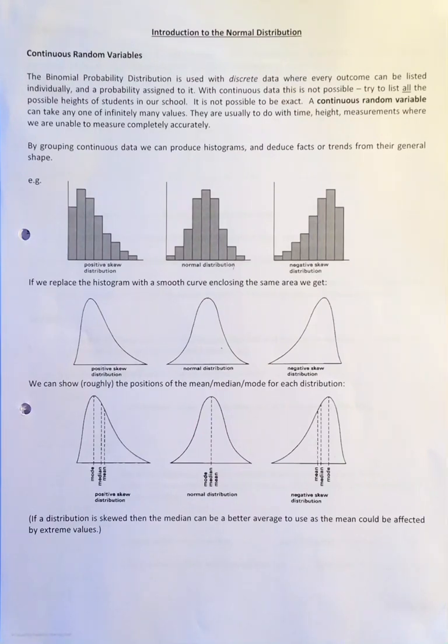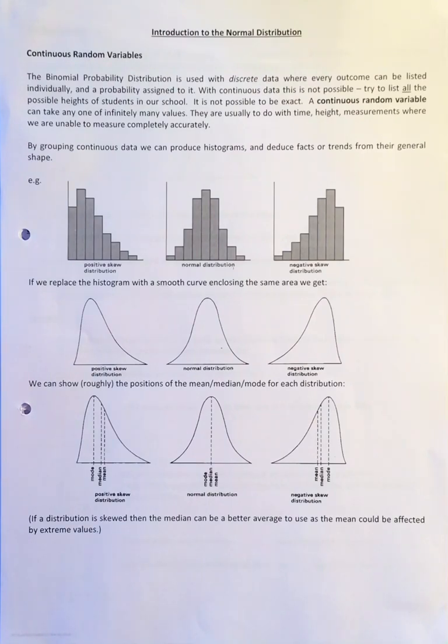Because of that, if we want the probability of any particular value, we would assign that a probability of 0. So if we were looking at the heights of students, we would say the probability of a student having a height of 165 centimetres is 0, because it's so unlikely to be exactly that measurement.